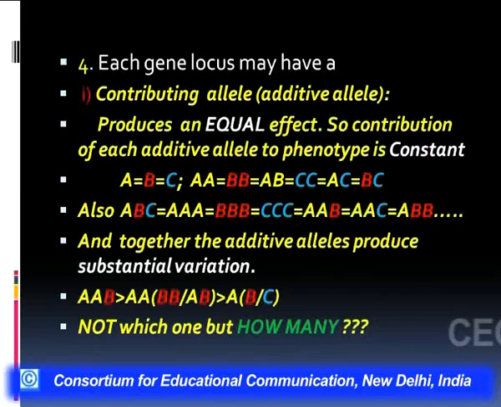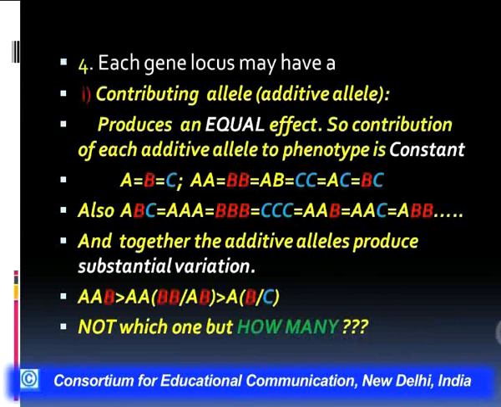Another point we have to remember is that each polygene produces an equal effect. To exemplify this point, the contribution of each additive allele will always be constant. For example, if there are 3 genes which are operative, the value of A is equal to B is equal to C. Here we are not bothered which allele is present.